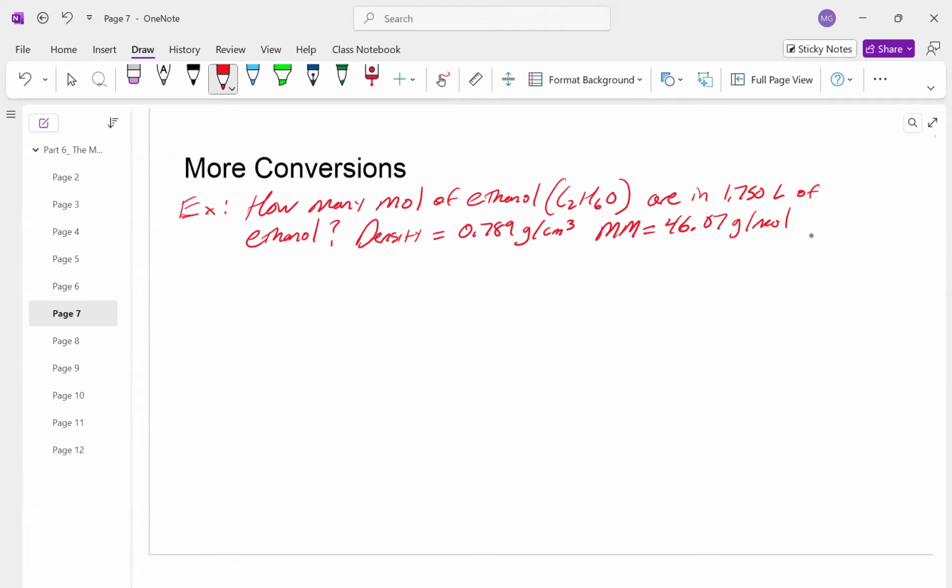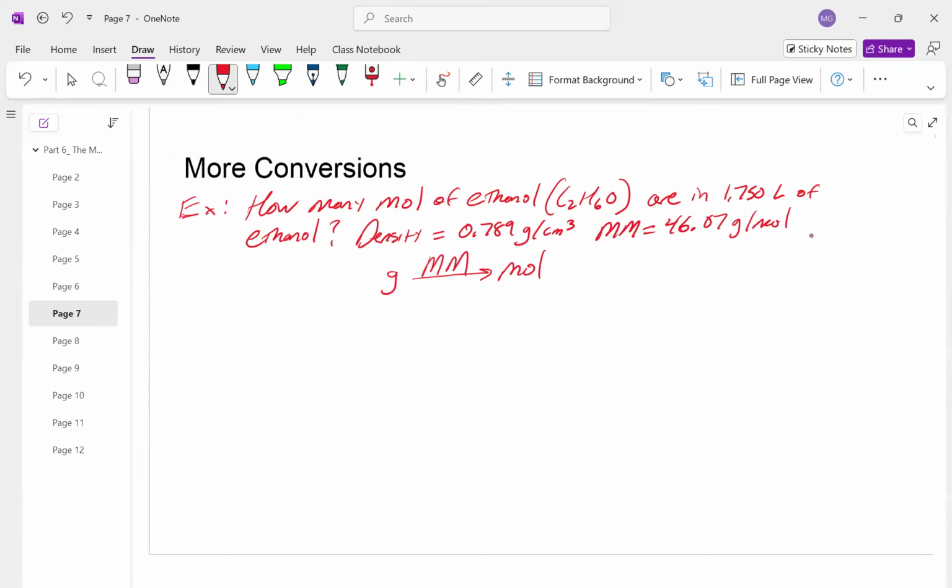All right, now let's try to outline a plan here. Okay, so we want to find moles. So that'll be kind of like, at the end, our end goal. Well, how do I typically get to moles? Usually I start with some sort of mass and I use the molar mass to get there. But in this problem, I wasn't given the mass of ethanol.